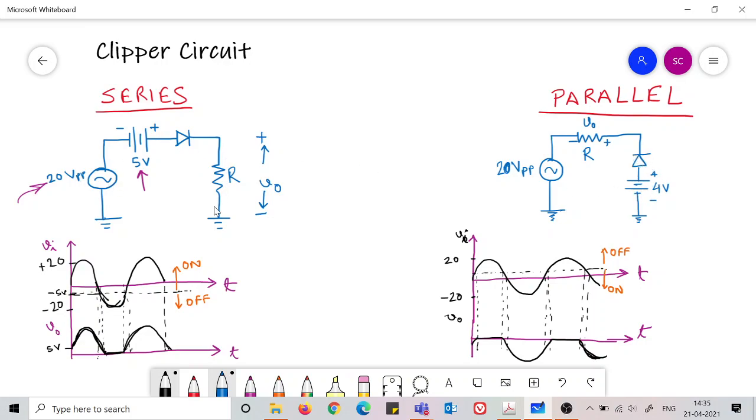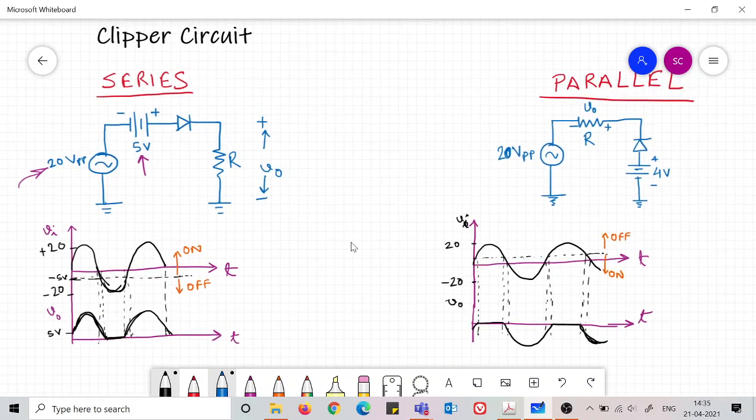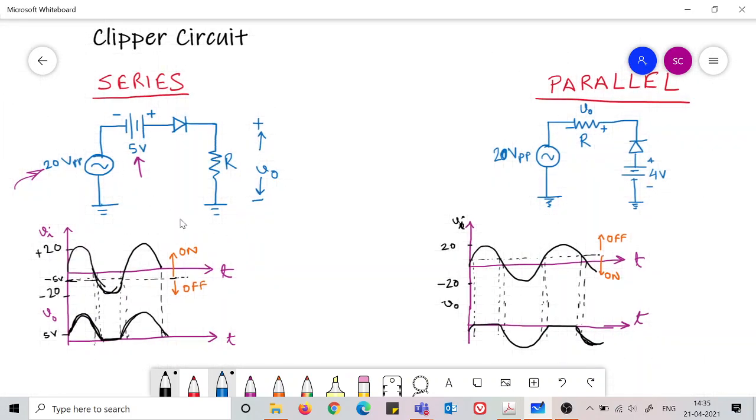Both are series circuits, I understand, but in one the diode is just after the voltage source and the resistance is in parallel, and that's why it is called the series one, and here the diode is in parallel with the voltage and it is called the parallel.